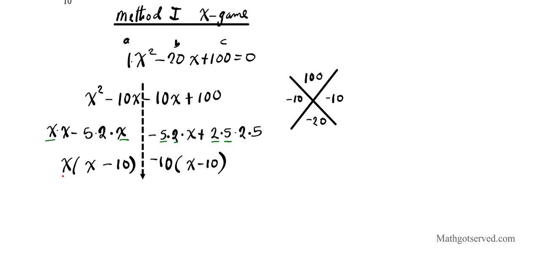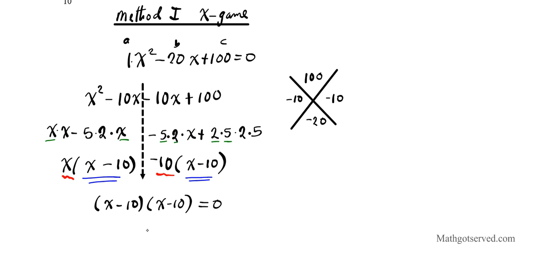Now, these two terms on the outside, we'll bring them together. And then we can factor out the x minus 10, and we're left with those two terms on the outside, which is x minus 10, and that's the factored form equals 0. Okay.